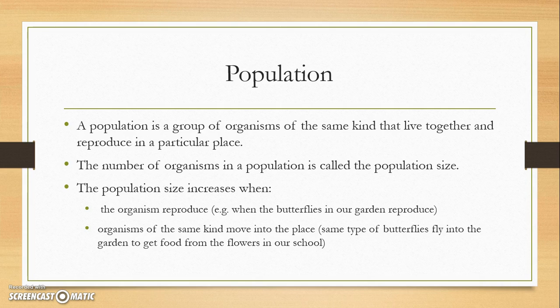Likewise, you can imagine in our pond, we have lots of guppies, and if the guppies reproduce, that means the population size of the guppies increases. But if, let's say, the kingfisher that normally visits our school pond goes in there and eats several of the guppies, therefore the population size of the guppies will decrease.